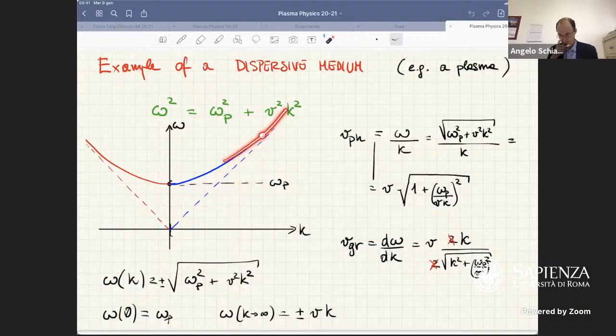And we recover the fact that at high frequency, all the wave components are traveling at the same speed. And v squared here is the characteristic speed of the wave in the considered medium. For instance, in vacuum, for electromagnetic waves, this will be c squared, so the speed of light.